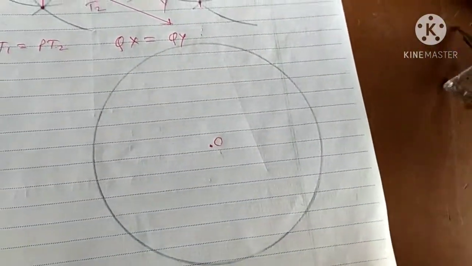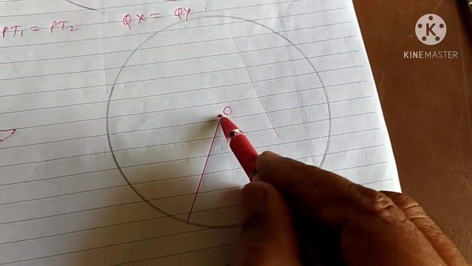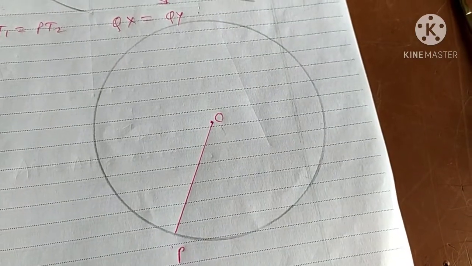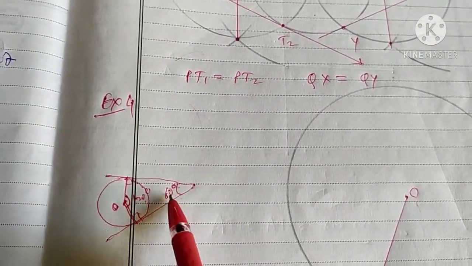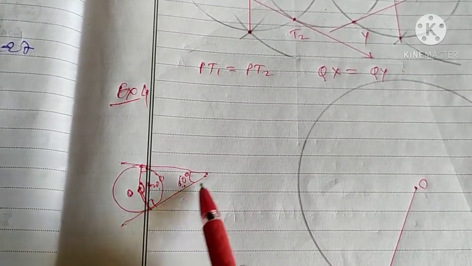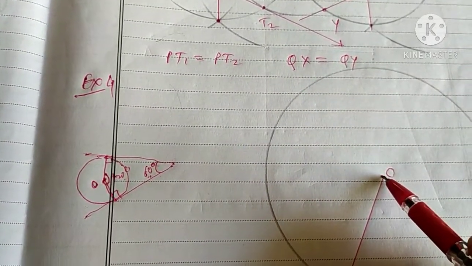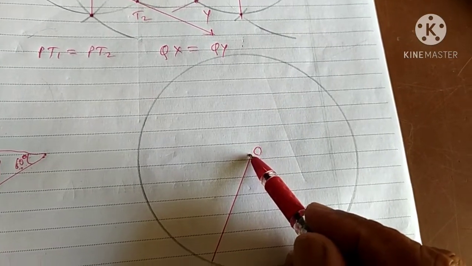I am joining this point, say radius OP. Now if these tangents are inclined at 60 degree, then the angle at the center in this quadrilateral will be 120. So at point O, we can construct a 120 degree angle using compass.